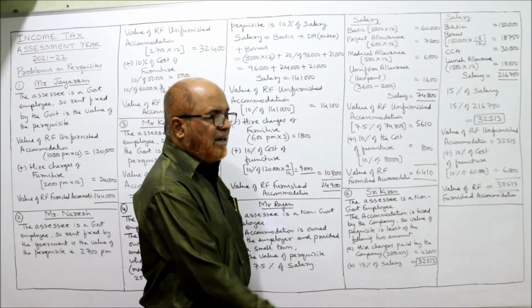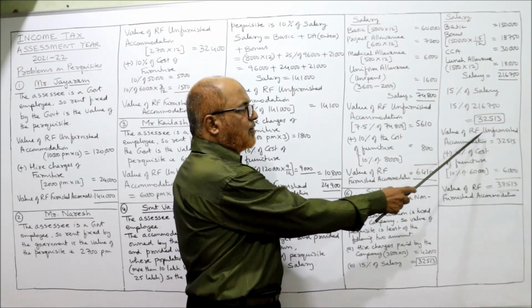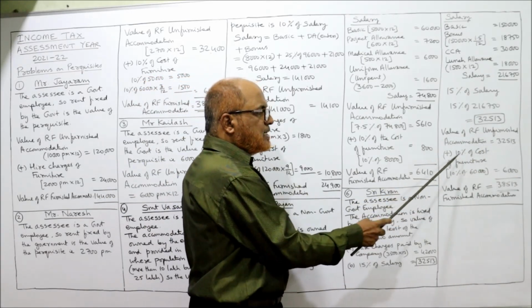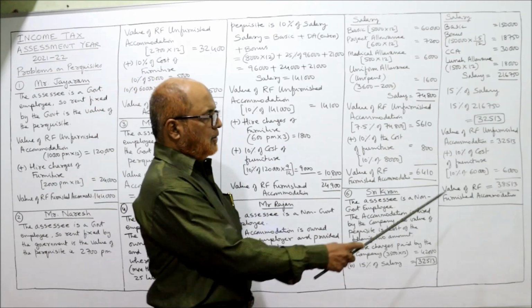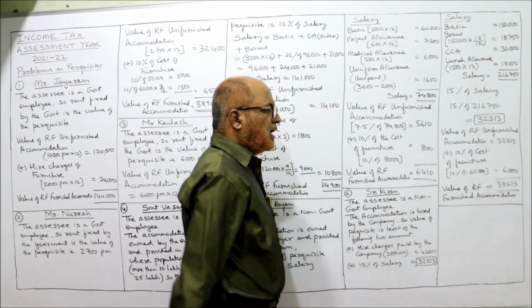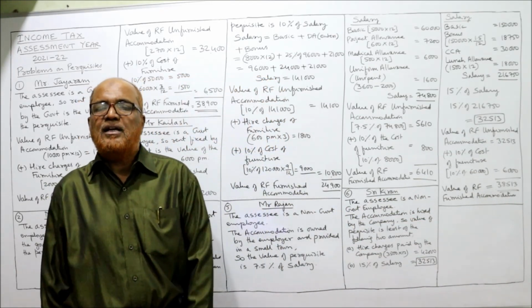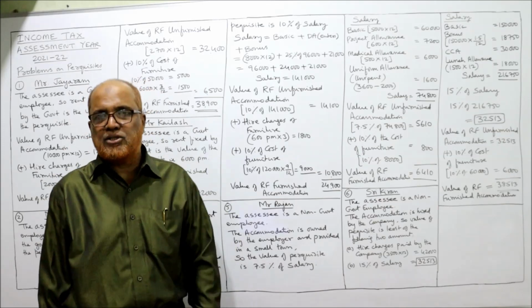So this is the value of rent-free unfurnished accommodation. To this add 10% of cost of furniture provided, 10% of 60,000, 6,000. Take the total, 38,513. This is the value of rent-free furnished accommodation.